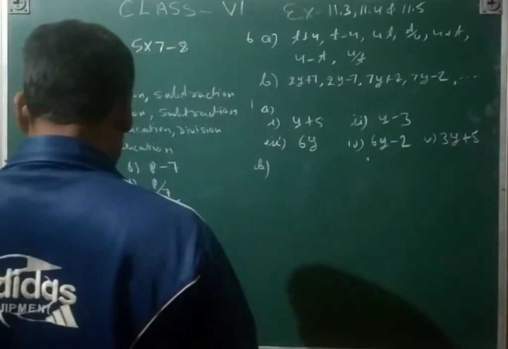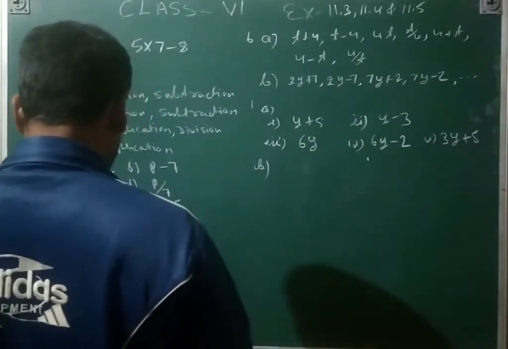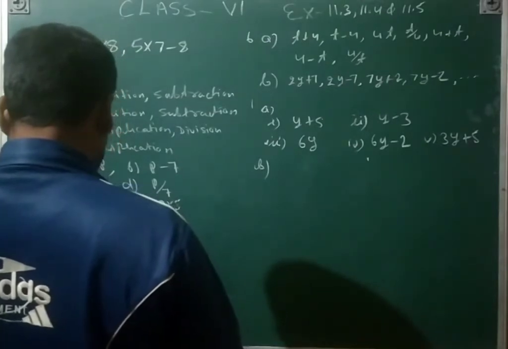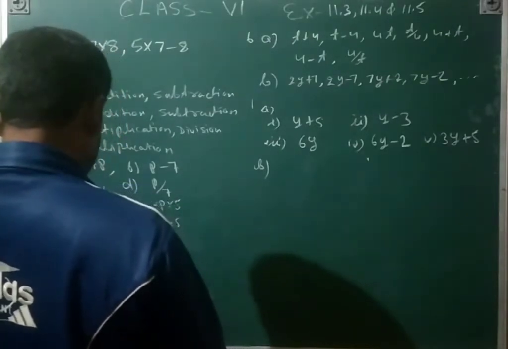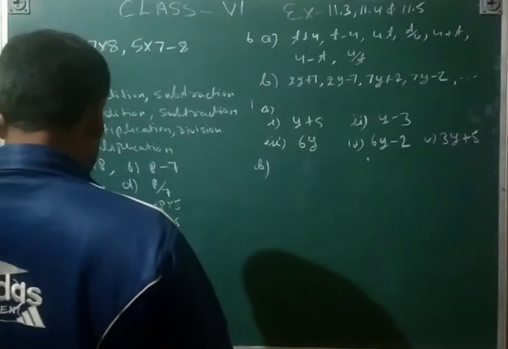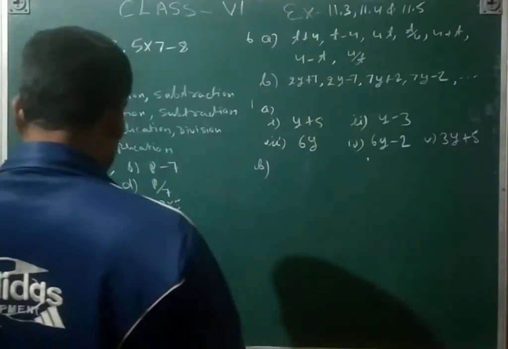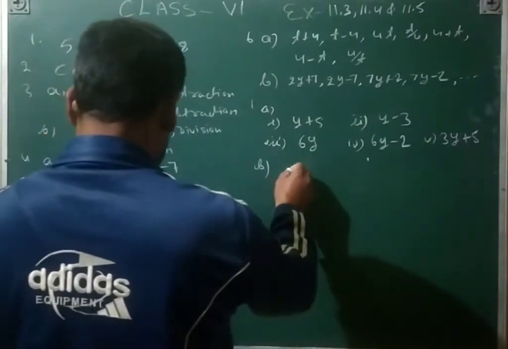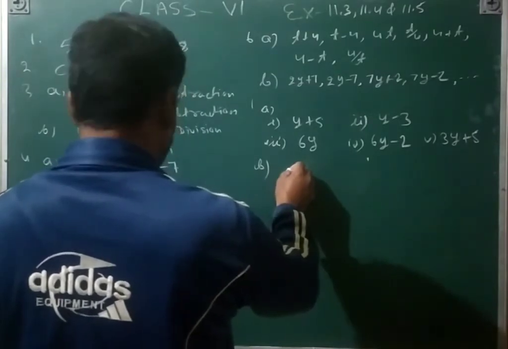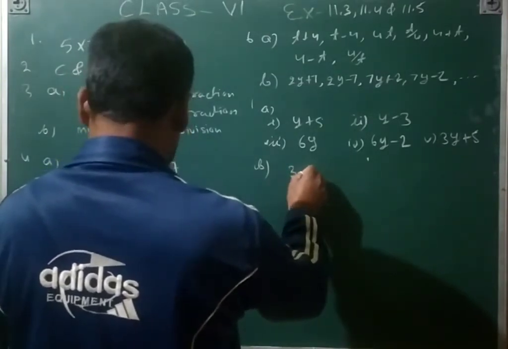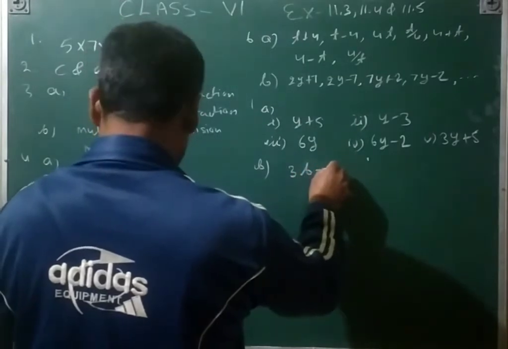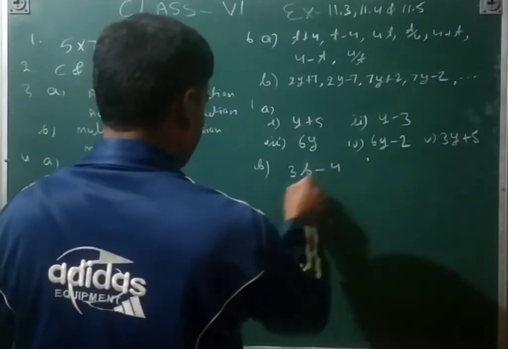B question, the length of a rectangular hall is 4 meters less than 3 times the breadth. What is the length? If the breadth is b, then 4 less than 3 times, so 3b minus 4.